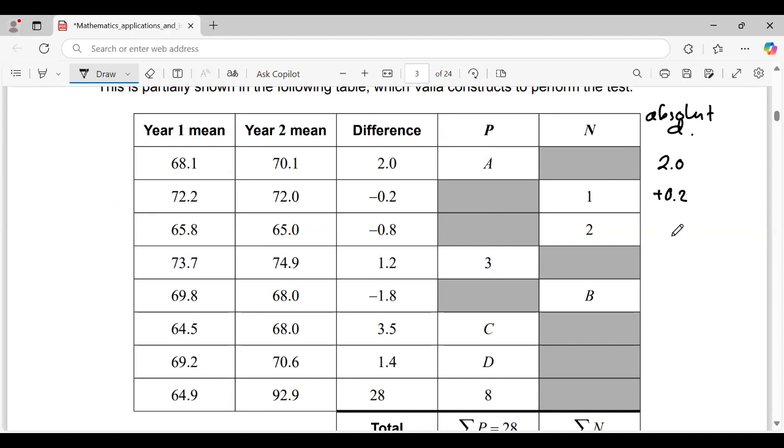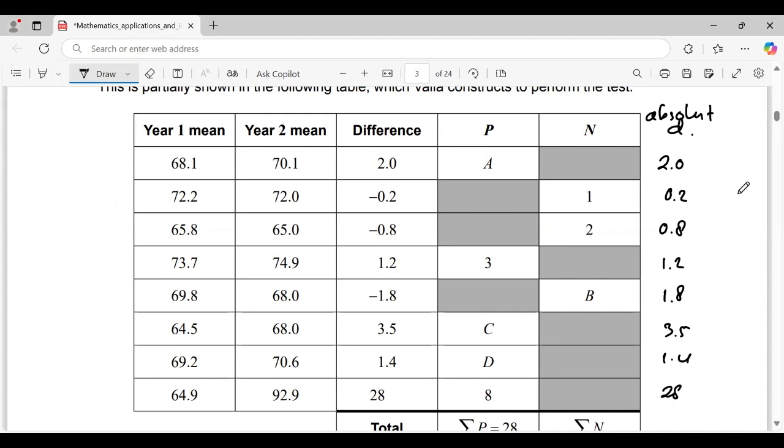So it becomes positive, becomes positive, becomes positive, becomes positive, still 1.4 and 28. I'm going to fix this one first.